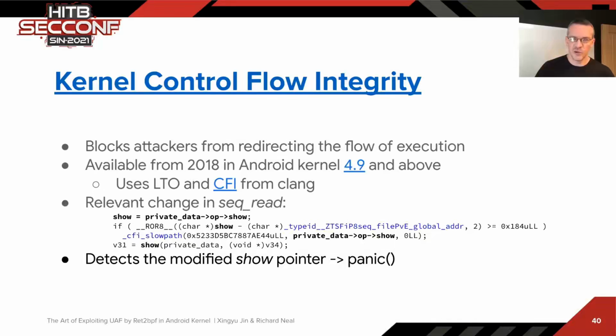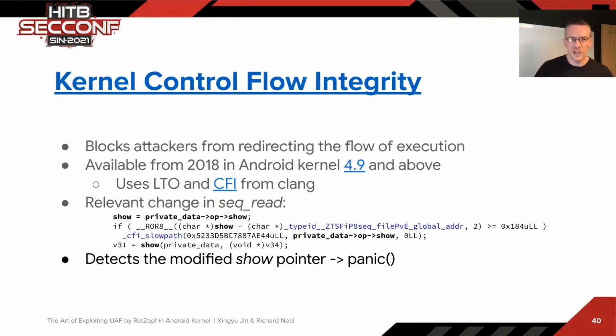An alternative way to execute Ret2bpf would have been required. CFI usage in Android has been increasing each year as more OEMs enable the feature in their kernels. CFI is also used in the generic kernel image project, so as newer Android devices start shipping with GKI kernels, CFI support across Android will continue to increase.